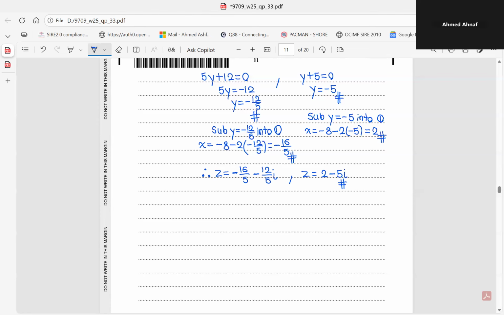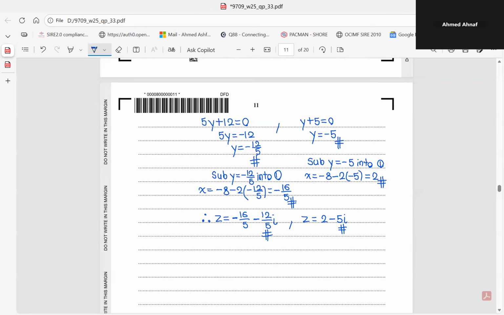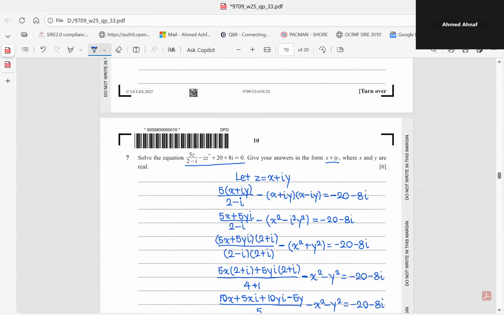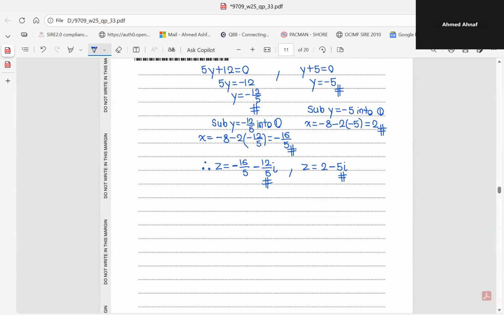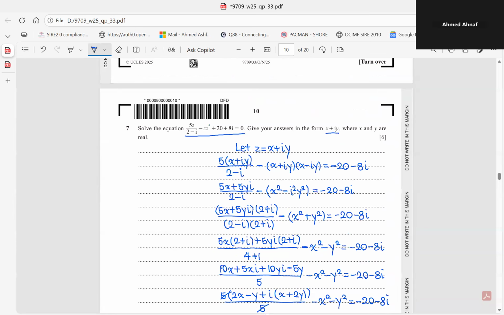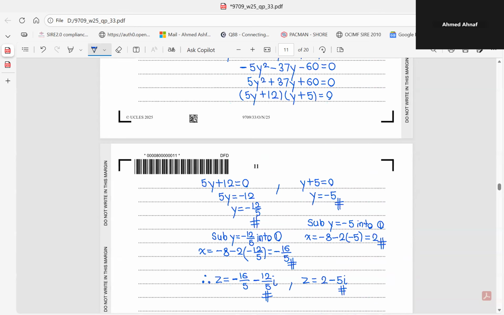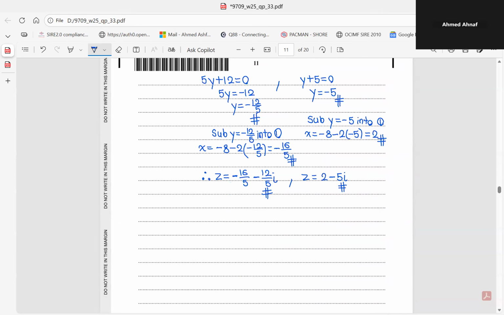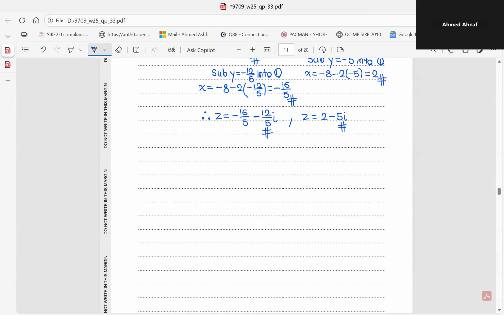So these two would be our final answers for this entire question. If you want to check whether you're correct, you can set your calculator to complex mode and substitute these exact complex numbers into this equation. If you get 0, you're good to go. So with that, we'll move on.